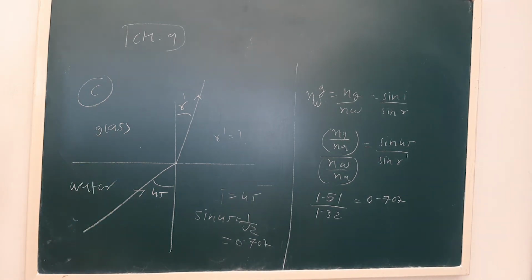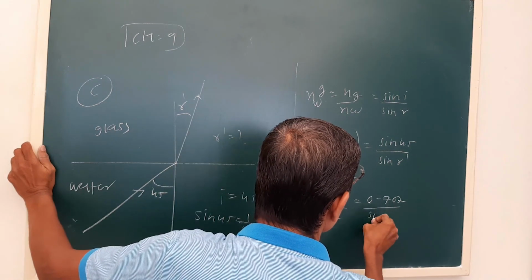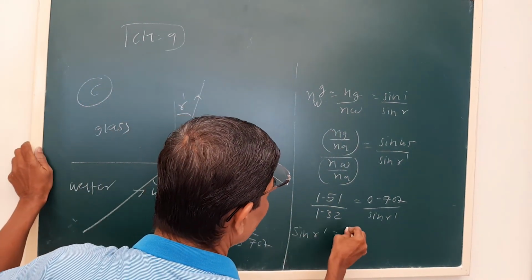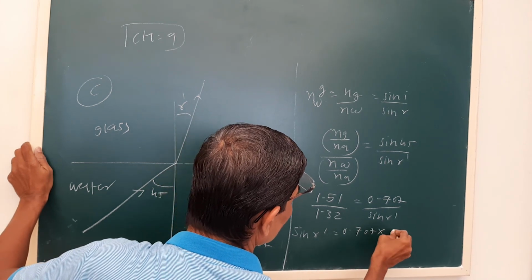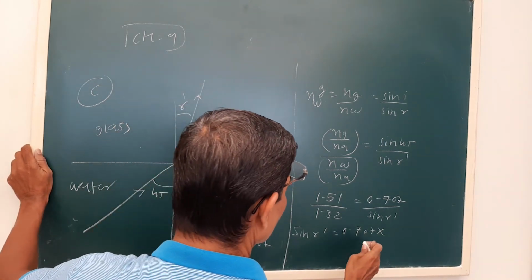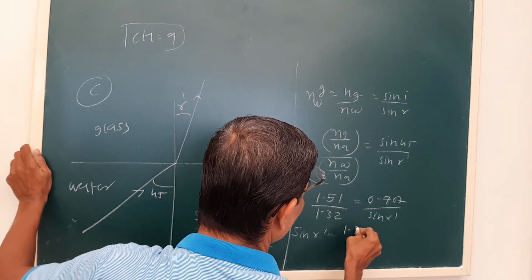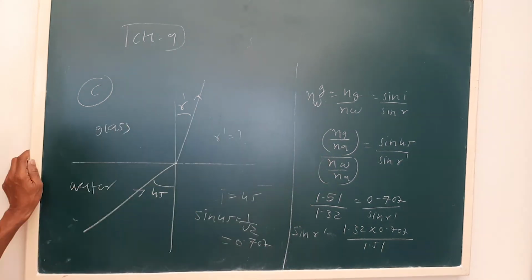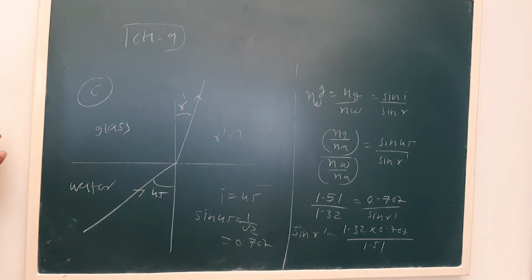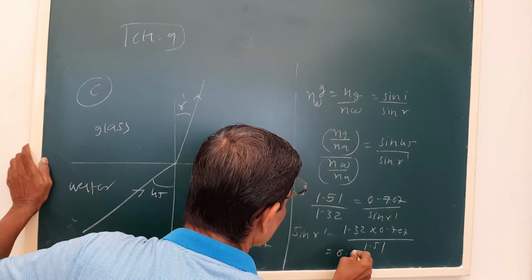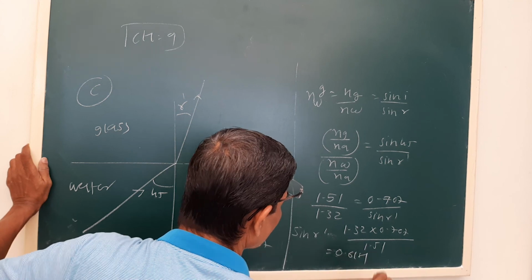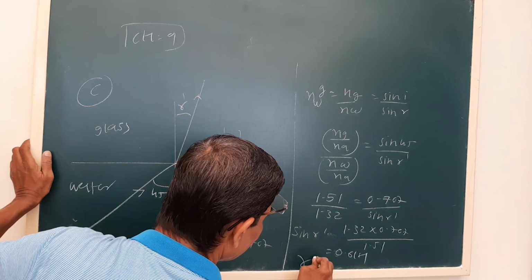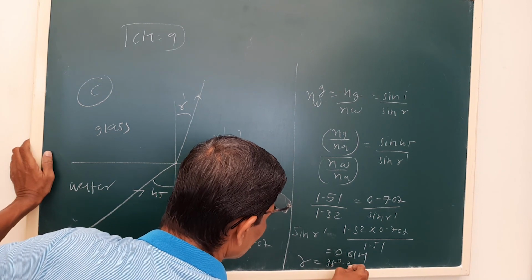Now sin r dash will be equal to 0.707 divided by 1.32 into 0.707. Now if we solve this, we'll get 0.6181. Now if you see in the natural sine, the r dash we obtain is about 38 degree and 2 minutes.